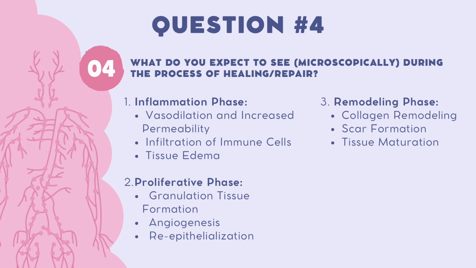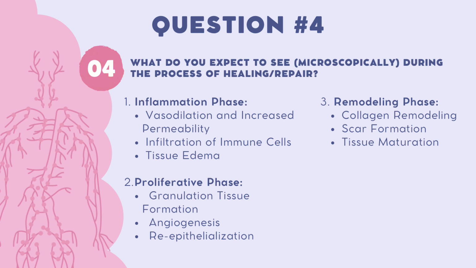The second phase is what we call the proliferative phase. The first one is granulation tissue formation, wherein the fibroblasts produce collagen and other extracellular matrix components, forming granulation tissue, which provides a scaffold for tissue repair.